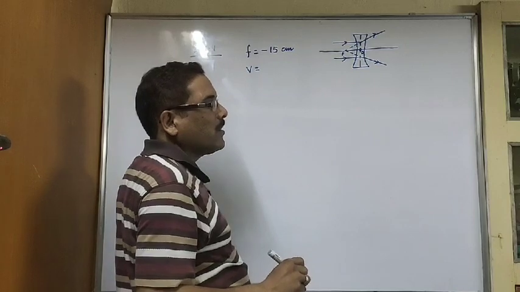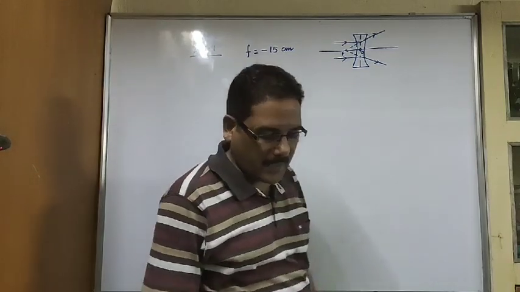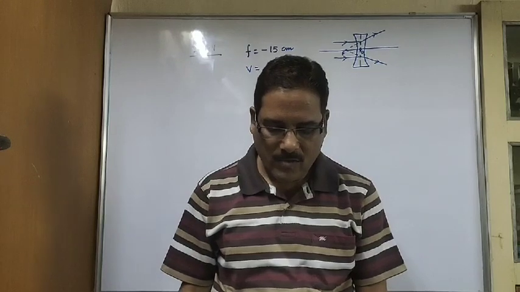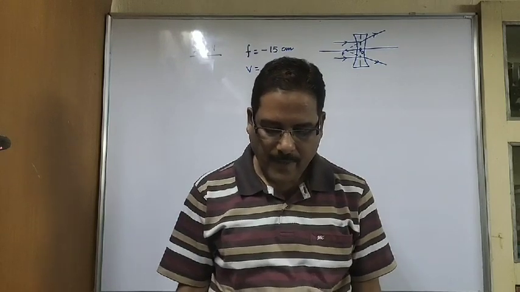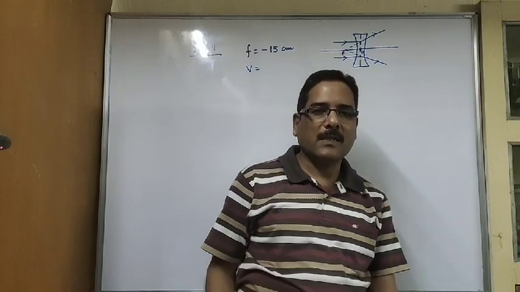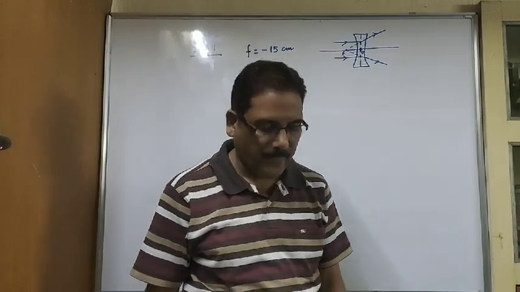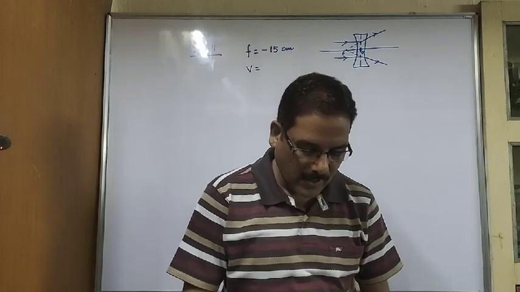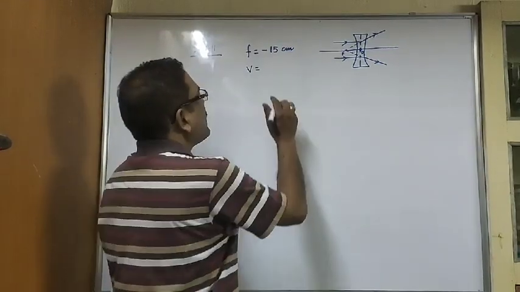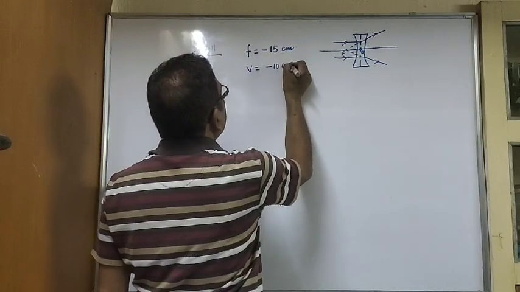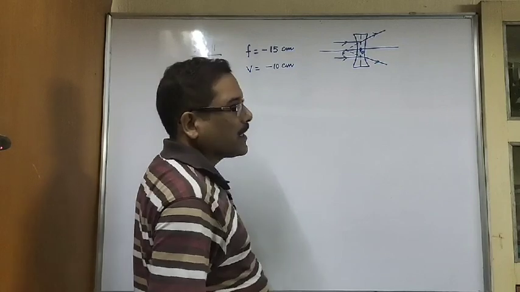Now in case of a concave lens, all the images are virtual and erect, and the images form towards the left side of the lens. So image distance is also negative, and it is given 10 centimeters, so it will be minus 10 centimeters. Isn't it?